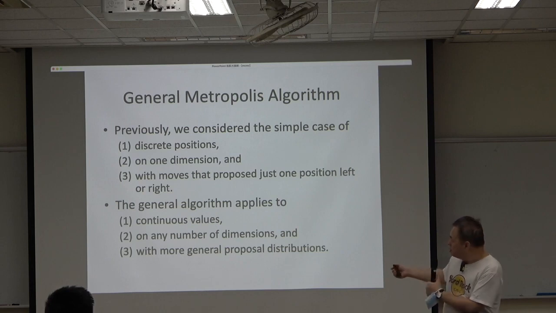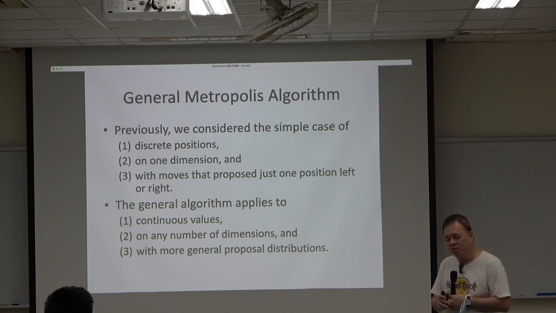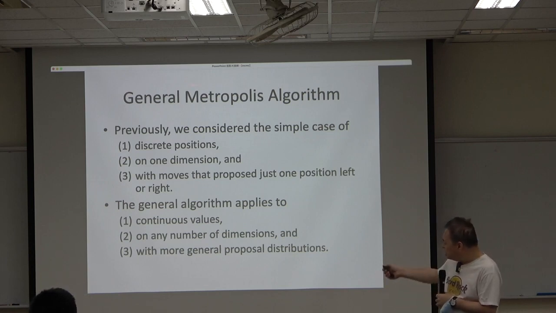In the previous simple case, the proposal distribution is so simple because you only have two cases, left or right, and each of them has a 50% chance because it's a coin flip. But now it can be much more complicated.